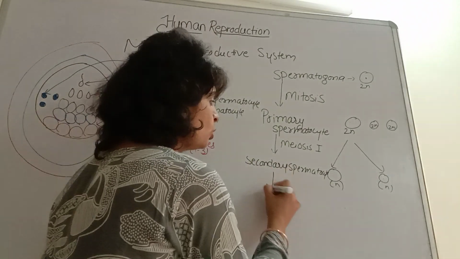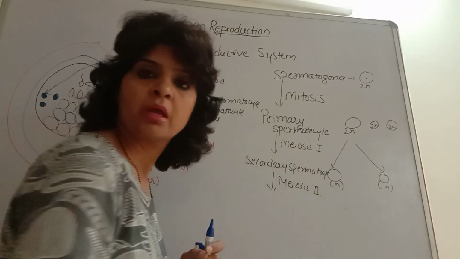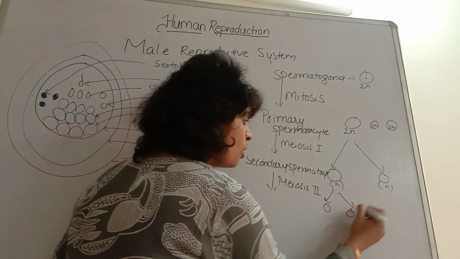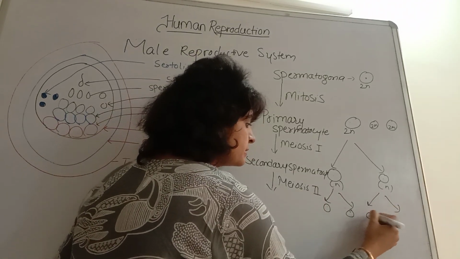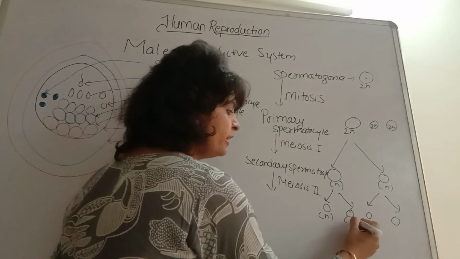Now this undergoes meiosis 2, which results in the formation of 4 cells, and all these 4 cells are haploid in number.